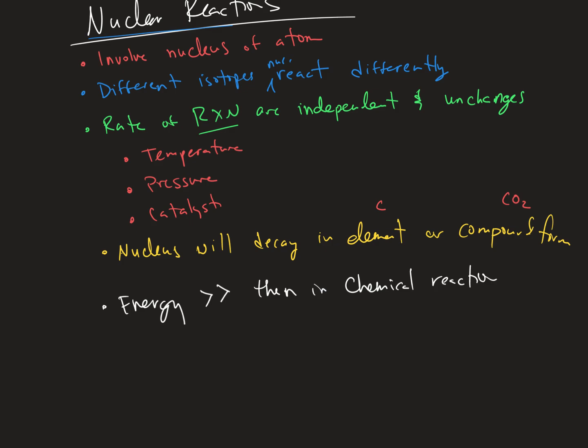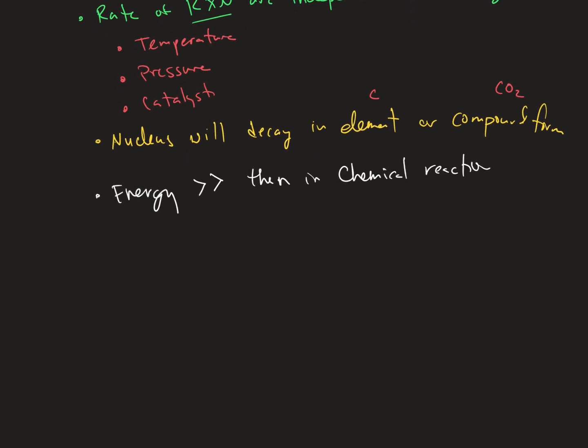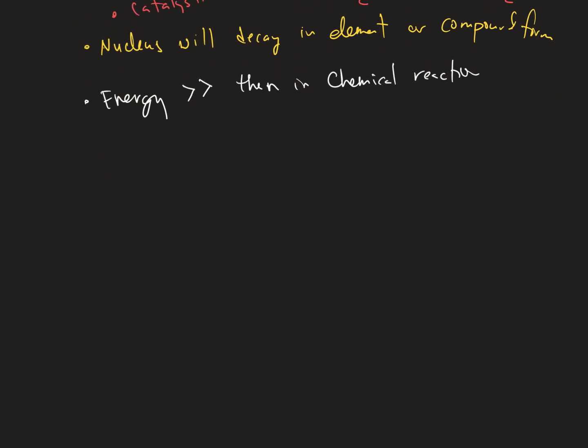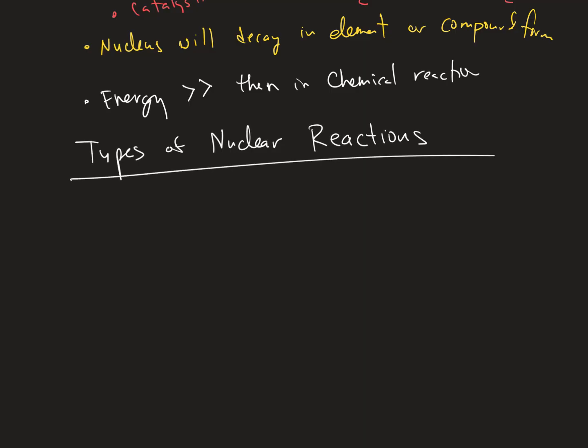Okay. So let's talk about the types, and then we'll dive a little bit deeper into each type. Slow down. Okay, so we have decay or emission reactions.